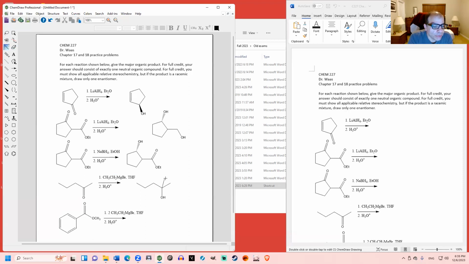I'm trying to think how best to draw this. Struggling with ChemDraw tonight. And we want to draw one of the two enantiomers.